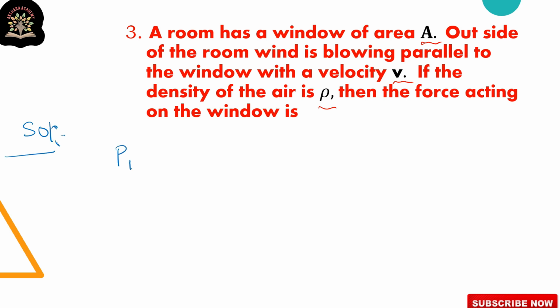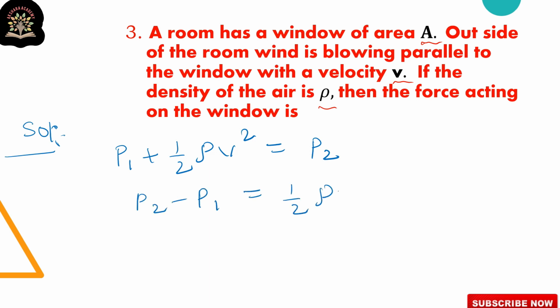Here P1 plus half rho V square is equal to P2. Now from this equation we write P2 minus P1 is equal to half rho V square. The force is equal to change in pressure into area. Pressure is equal to force per unit area, or force is equal to pressure into area. Here delta P, nothing but P2 minus P1, the change in pressure, is equal to half rho V square.